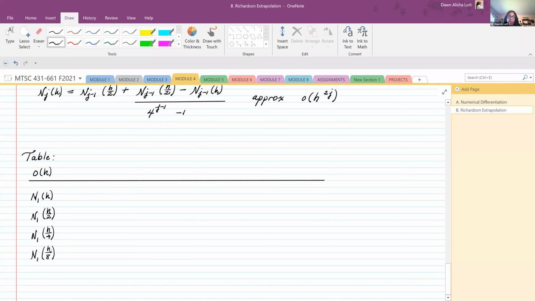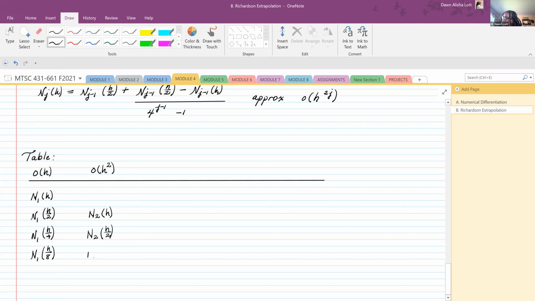Okay, so now that I use those, then for order H squared, I need to compute N2 of H. And to compute N2 of H, I need the two previous ones. And then I'll need N2 of H over 2.